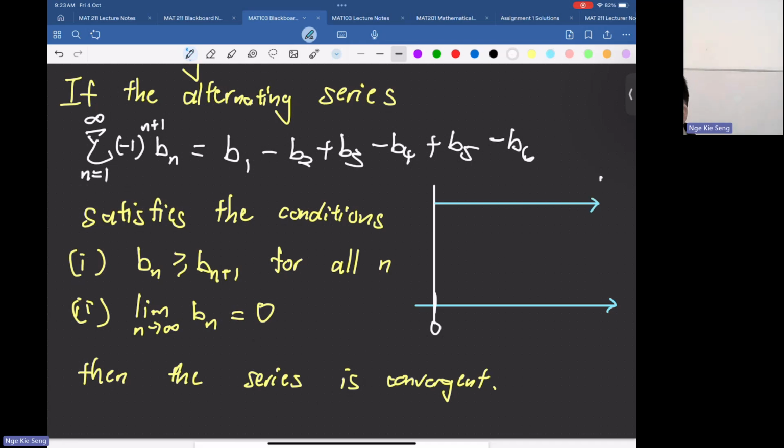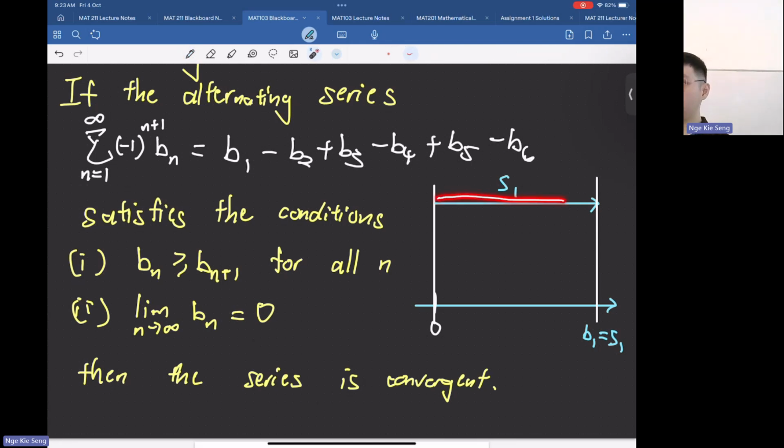So let's draw something like this: B1, which is S1. What happened to S2? S2 is B1 minus B2. But how do we draw the minus B2?